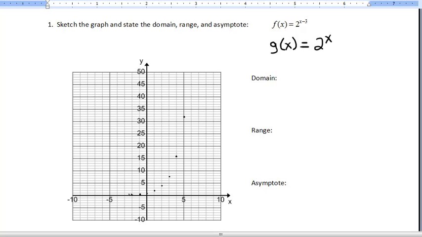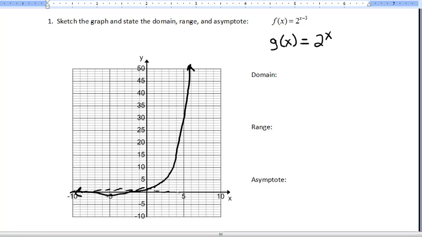So this graph here, we'll try and draw it as best we can. It goes up and it levels out right here. There's a horizontal asymptote right here as we go along the line at y equals 0.